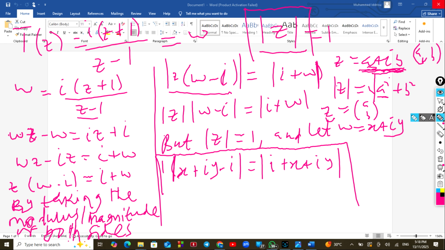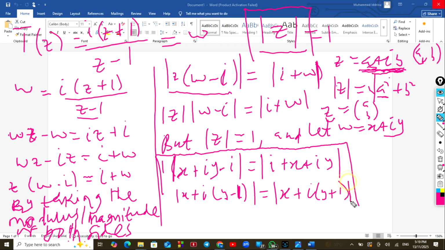So we have the magnitude of x plus i multiplying y minus 1 should be equal to the magnitude of x plus i multiplying y plus 1, or 1 plus y.